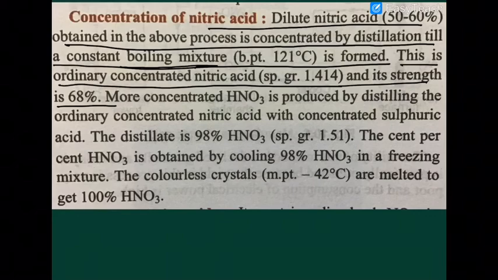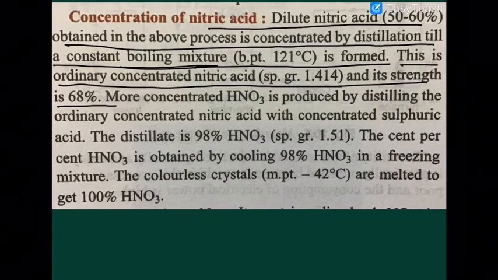At 68% you cannot separate water and nitric acid, because for that you have to use a special azeotropic distillation method. So the normal nitric acid is about 68% nitric acid.